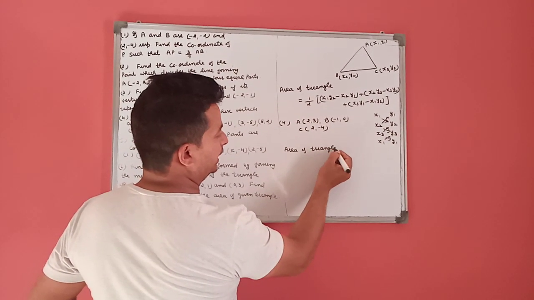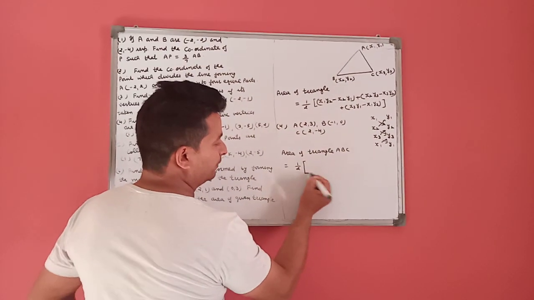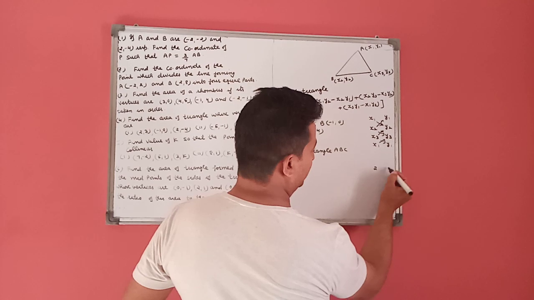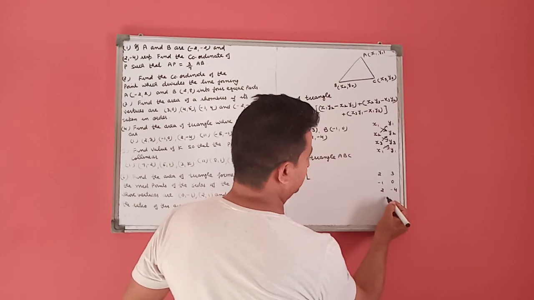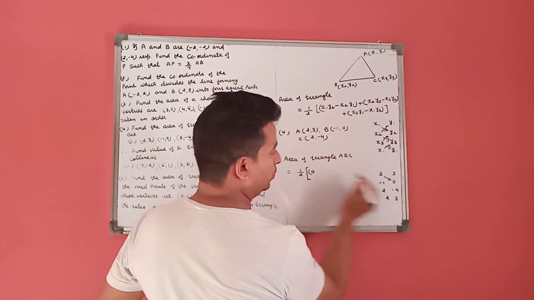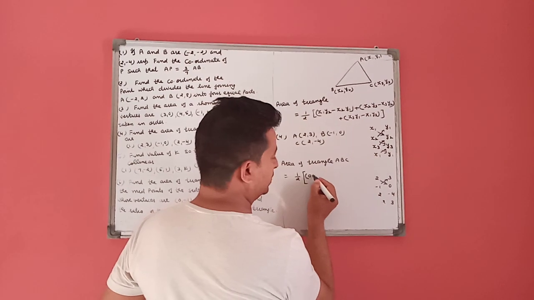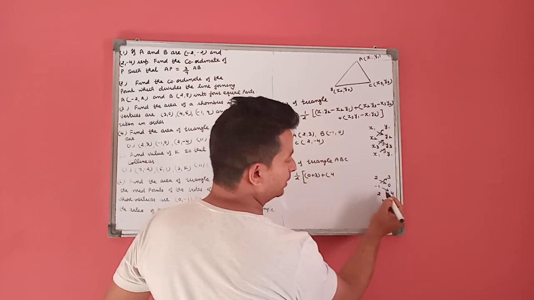Area of triangle ABC equals 1/2. First we write the coordinates of A, then B, then C, then again A. Multiply this, we get 0, plus 3. Multiply this, we get 4.